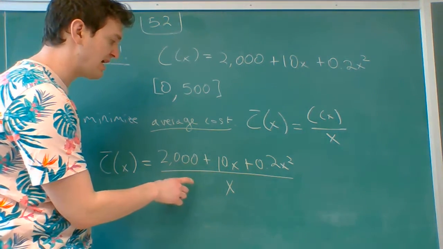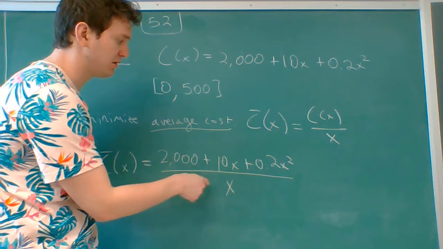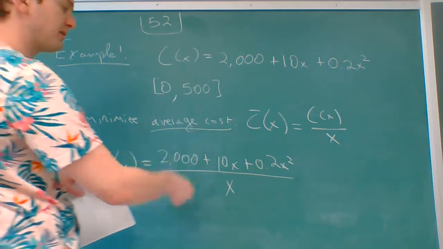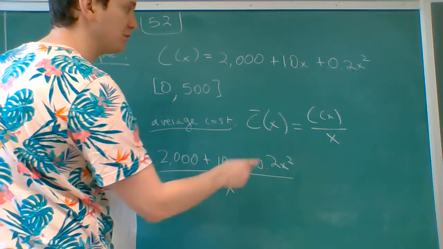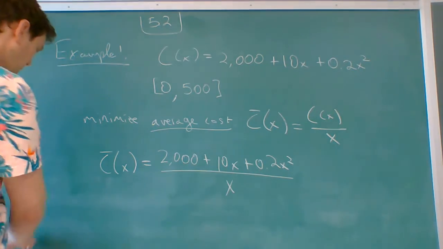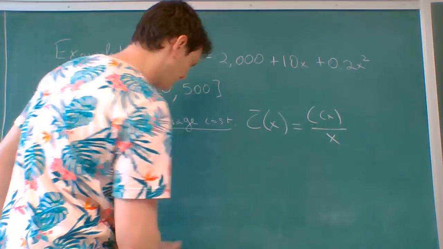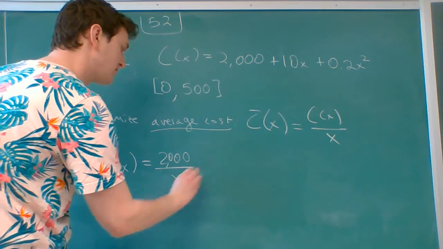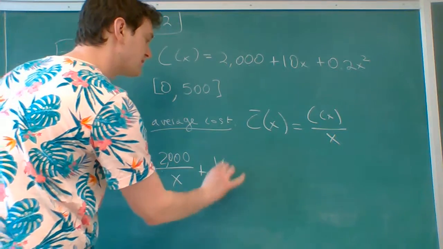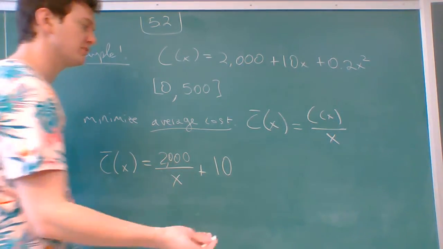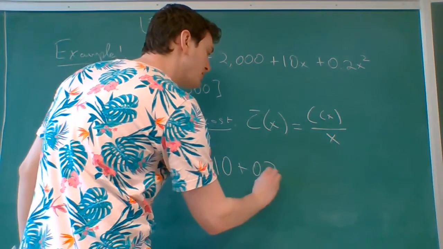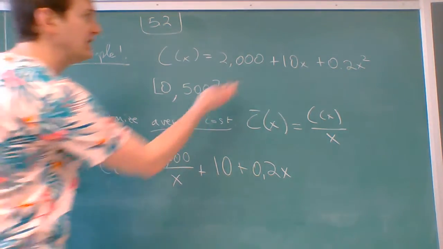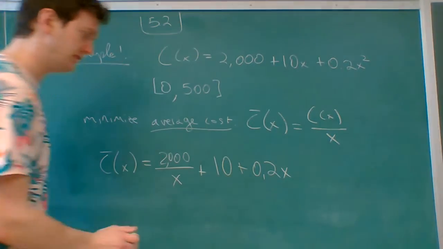Instead, let's write it as 2,000 over x plus 10x over x plus 0.2x squared over x, splitting this into 3 individual fractions. So 2,000 over x plus 10x over x, which is just 10, right? And then 0.2x squared over x is just going to be 0.2x.